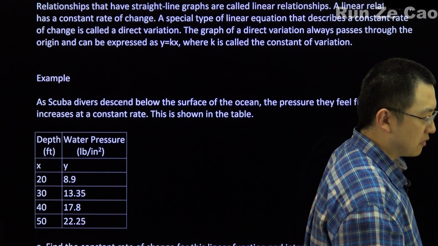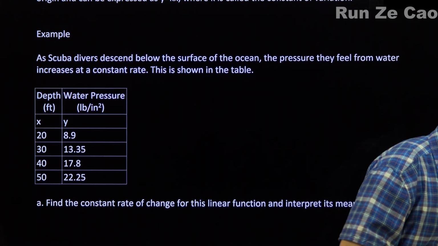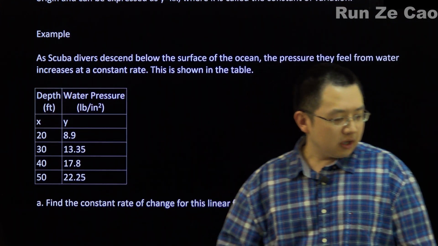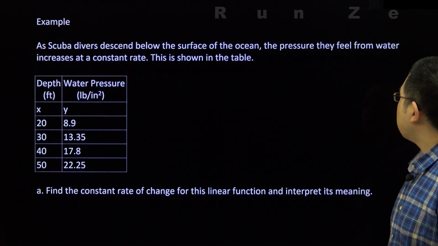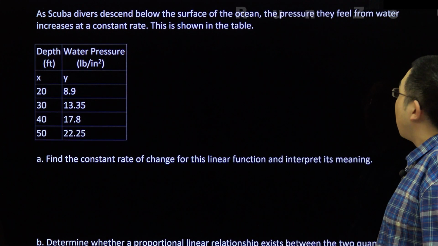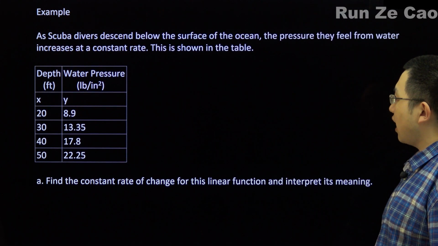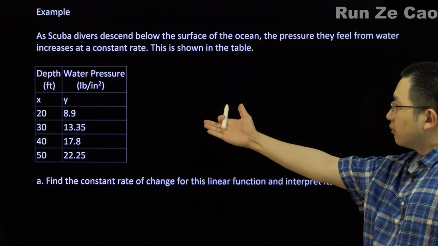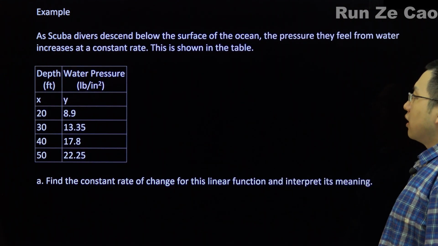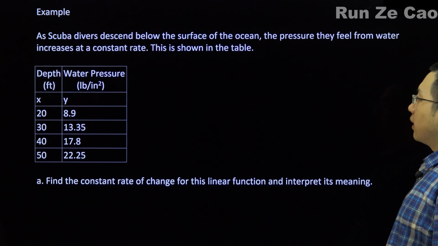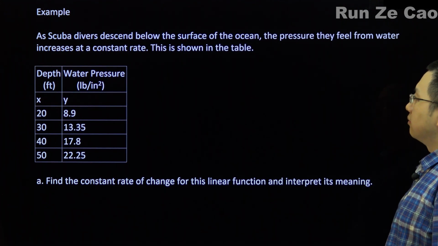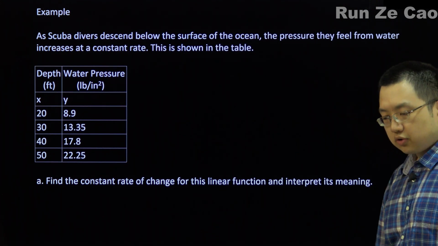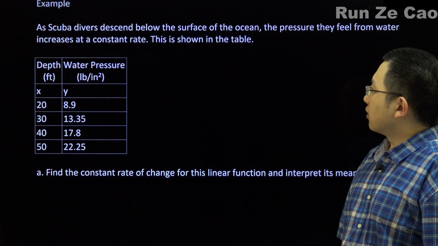Okay, so example. As scuba divers descend below the surface of the ocean, the pressure they feel from water increases at a constant rate. This is shown in the table. These are in feet and pounds per square inch for some reason. Presumably because Americans like these units.